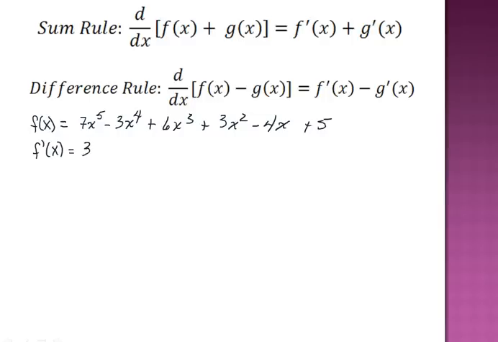I have for my first term 35x to the 4th, second term 12x to the 3rd, third term 18x squared, next term 6x, my last term, the constant -4, and why was it my last? Because that term, that's a constant, its derivative is 0, so it disappears.